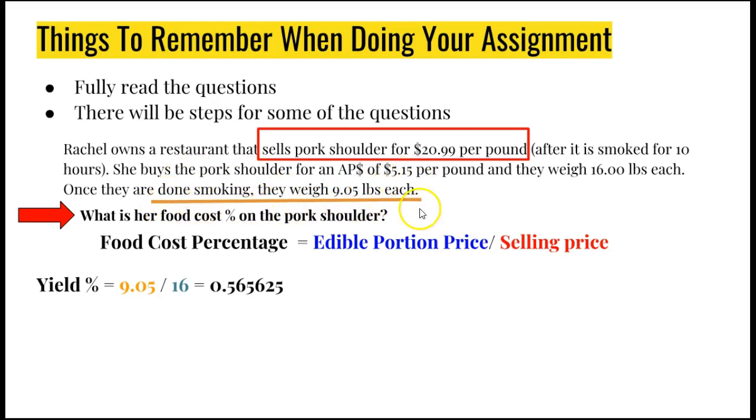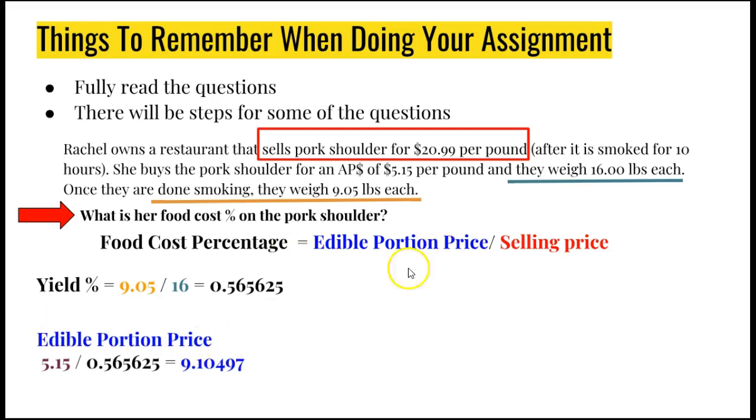That is what I am done with. That is my edible portion. And my starting weight was that 16 pounds. So I'm dividing my edible portion by my starting weight. And that gave me my yield percentage of 0.565625. Notice I'm not rounding yet because you always want to wait to round.